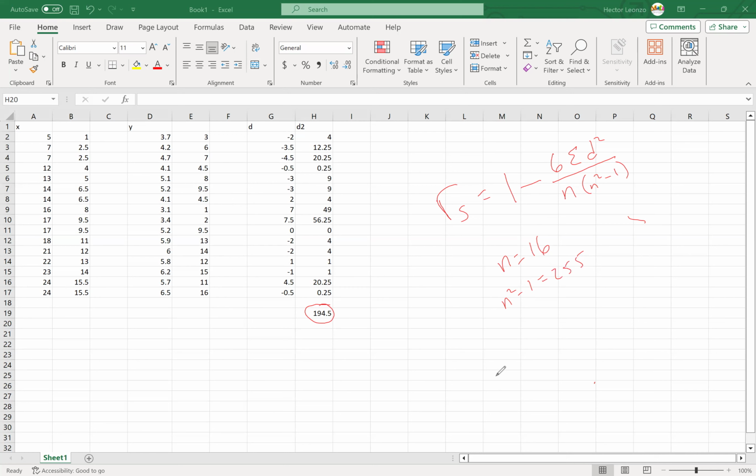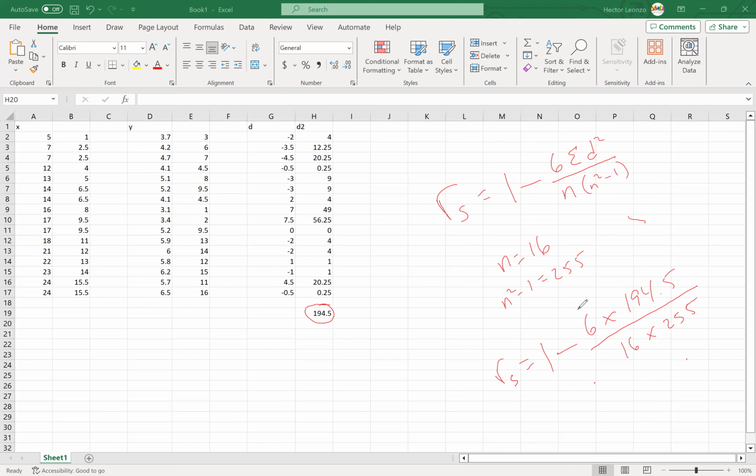So my RS, I'm going to go 1 minus, then I'm going to do 6 times 194.5 divided by, and at the bottom I have 16 times 255.